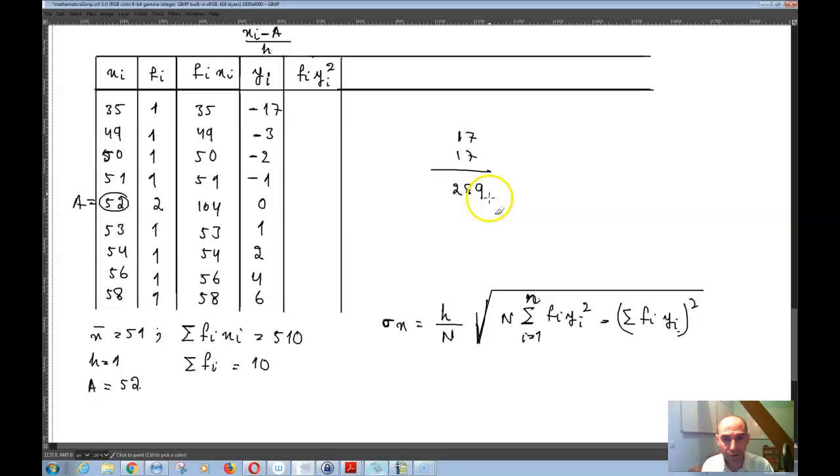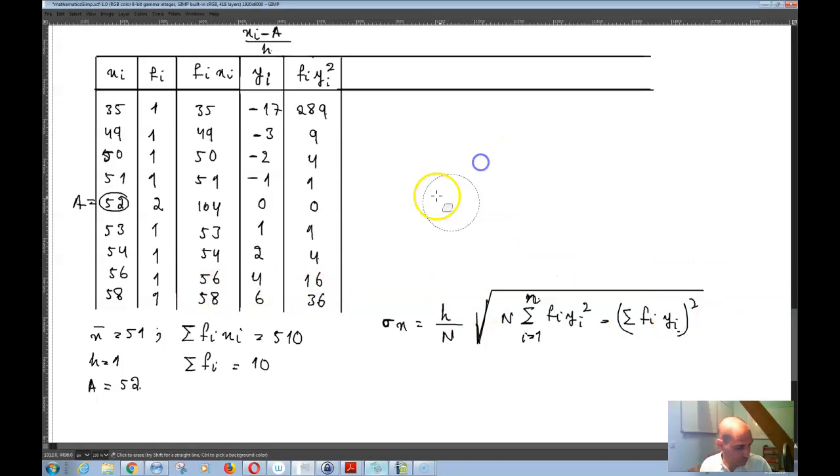So now, for example, 289 times 1 is equal to 289. 3 squared is equal to 9, so that's a 9. 4 times 1 is equal to 4. 1 times 1 is equal to 1, 0, 1, 4, and 16, and 36. So I'm going to make a note here for myself after this video to do the same thing for myself as well, of course.